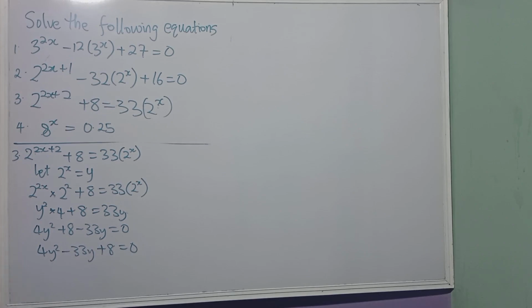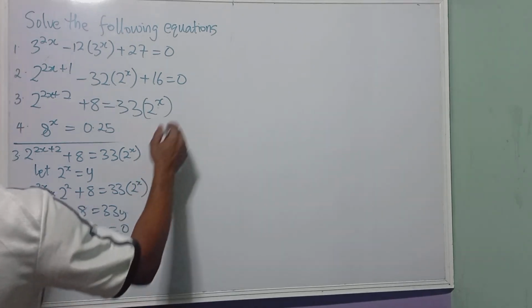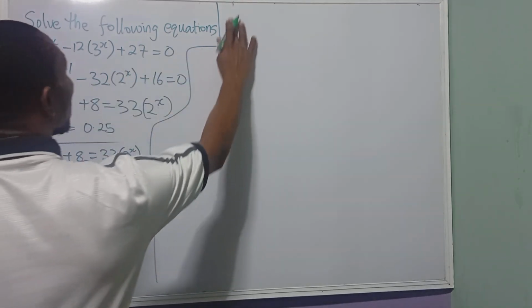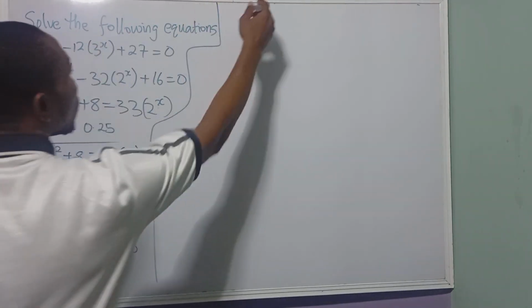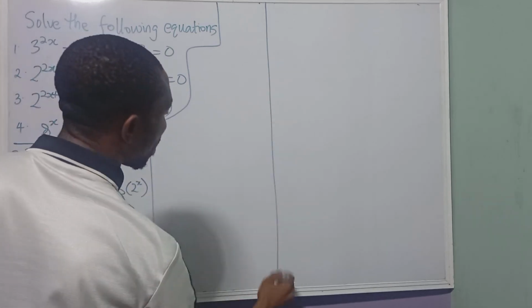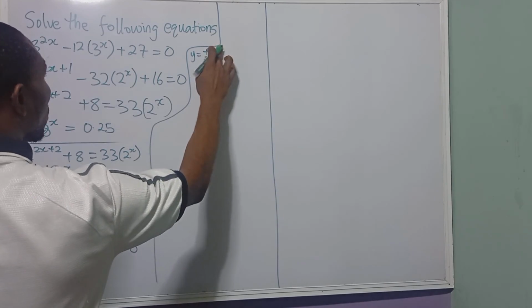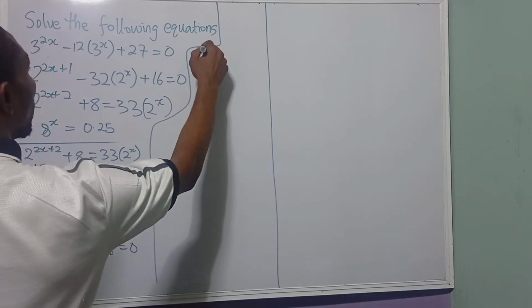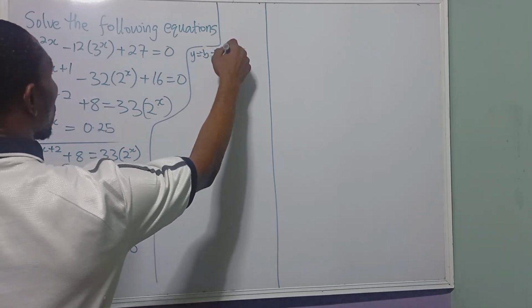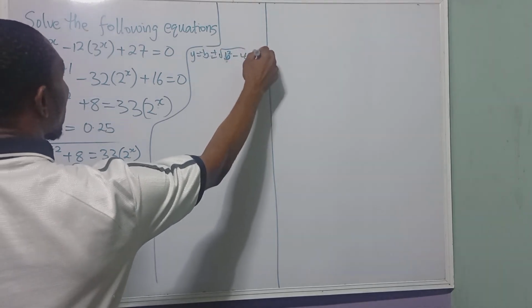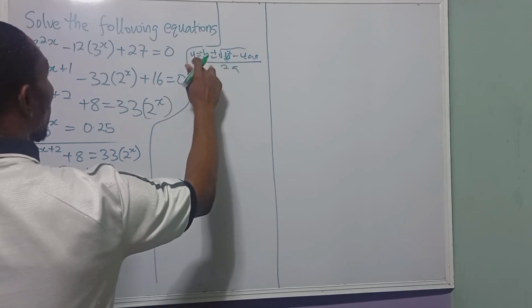Okay, so from here, we solve using the quadratic formula. Applying the quadratic formula, y equals minus b plus or minus root b squared minus 4ac all over 2a.